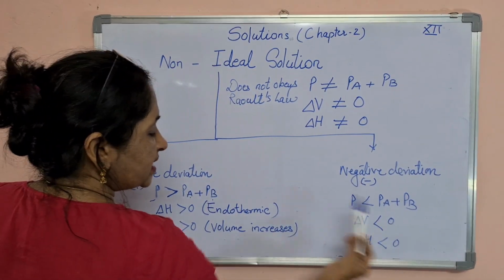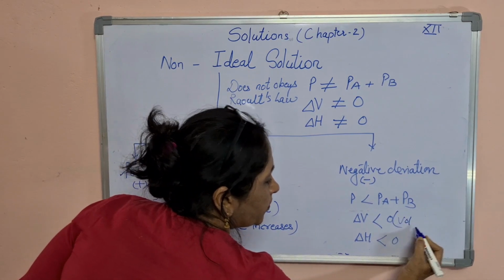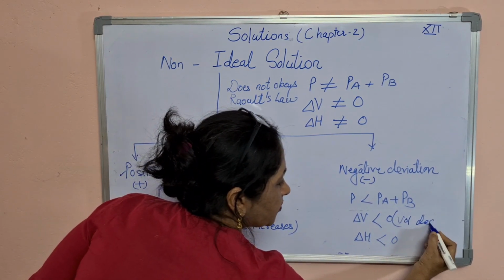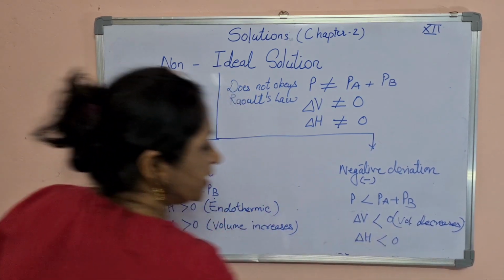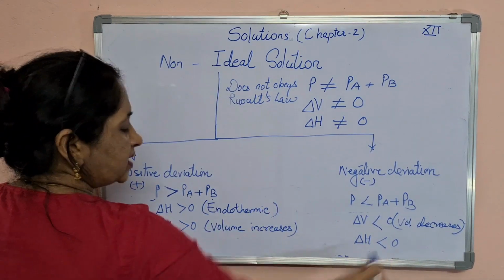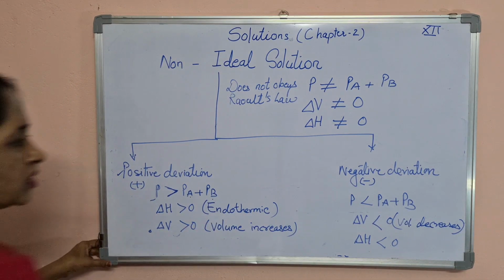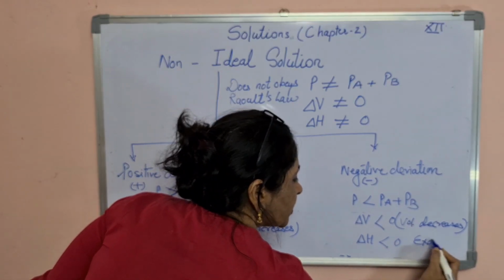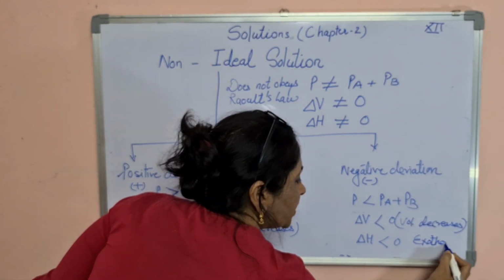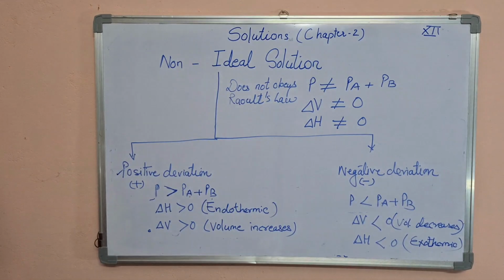Delta V is less than 0. It means that the volume decreases. Volume of the solution decreases. Delta H is less than 0. It means that for the negative deviation, the reaction is exothermic in nature. That is, heat energy is evolved.